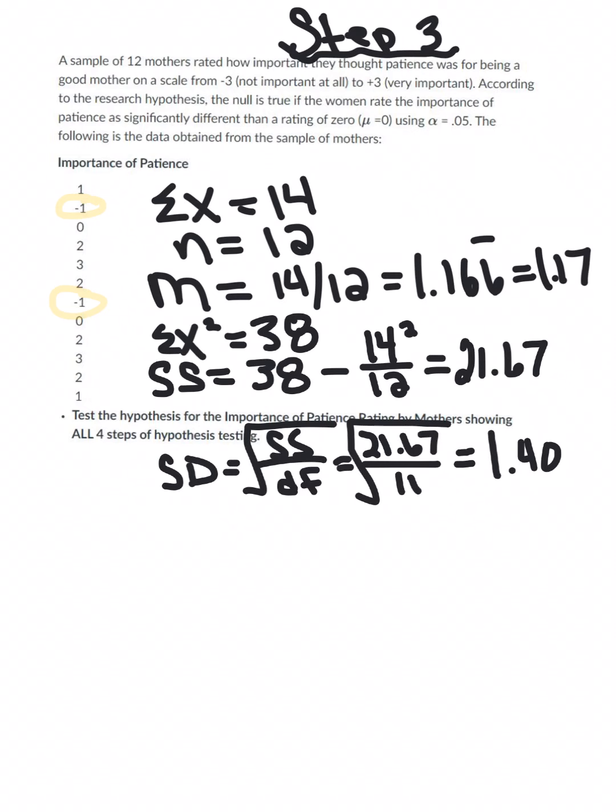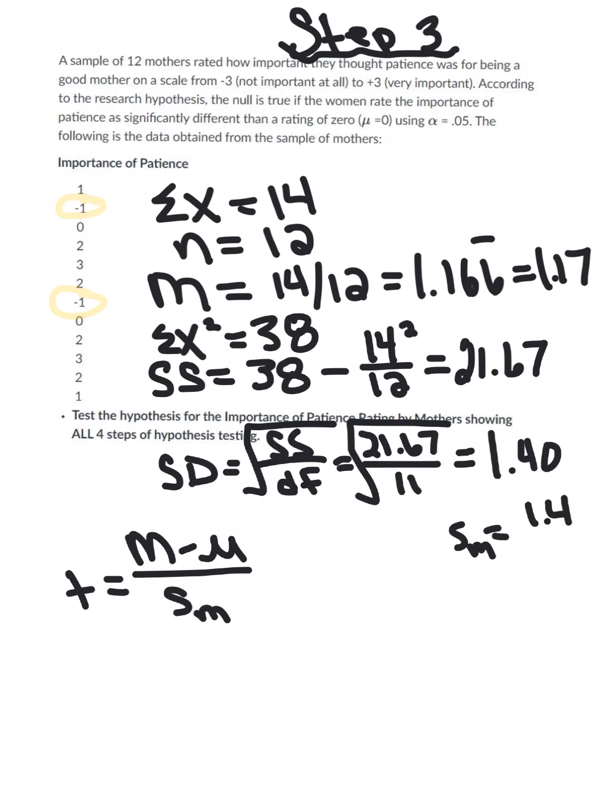is the standard deviation. And we're going to use that to get our estimated standard error because our equation is t equals M minus mu, sample mean minus population mean, divided by the estimated standard error. So we need to get our estimated standard error. So we're going to take the 1.40 and divide it by the square root of the sample size, which is 12.